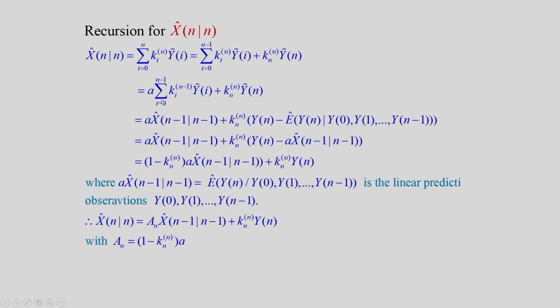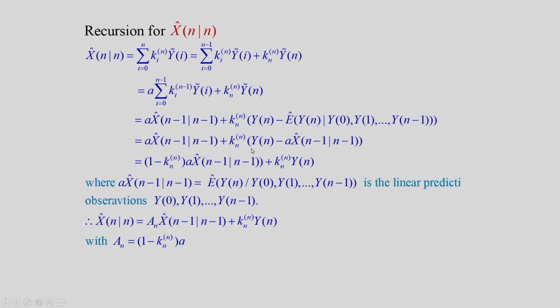And we know that this is the estimator at instant n-1. So, this will be a times x̂(n-1|n-1) plus k_n(n) times, now this is the prediction error, that is y(n) minus the prediction given by the LMMSE estimator of y(n) from y(0), y(1) up to y(n-1). And we have already observed that this is equal to a times x̂(n-1|n-1), that we have derived earlier.